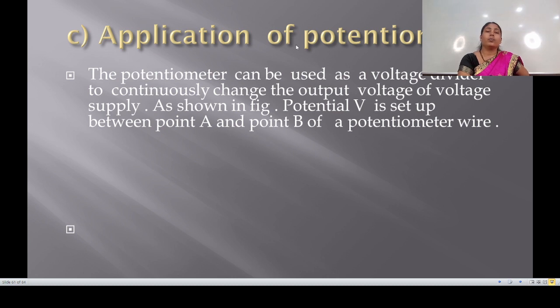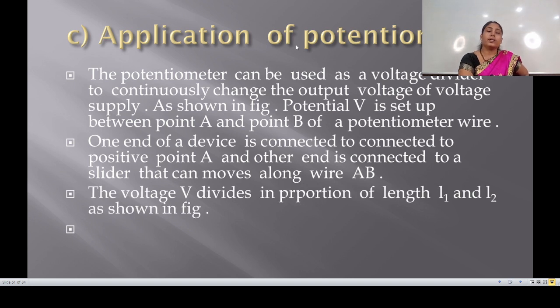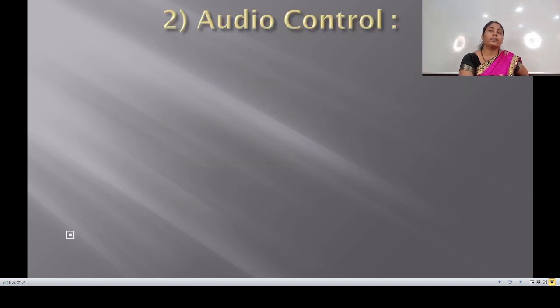As shown in the figure, a potential V is set up between point A and point B of the potentiometer wire. One end of the device is connected to positive point A and the other end is connected to the slider that can move along the wire AB. The voltage V divides in proportion to lengths L1 and L2 as shown in the figure.